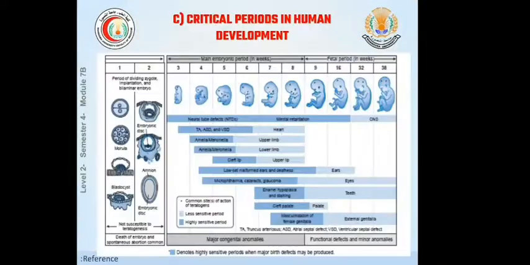As we have said, the time of exposure of the drug to a pregnant female is very important. So, the human gestational period is about 40 weeks from the first day of the last menstrual period and 38 weeks after fertilization.